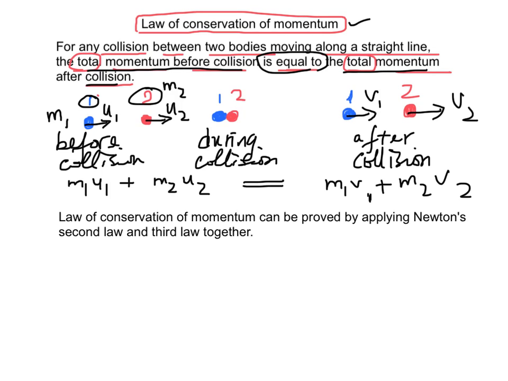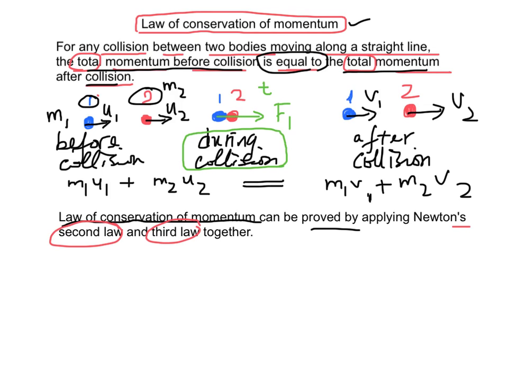Let's see how the law of conservation of momentum can be proved by applying Newton's second law and third law. In the above diagram, let's consider the case during collision. Let t be the time duration during impact, and let F1 be the force acting on 1, and F2 be the force acting on 2 during collision.